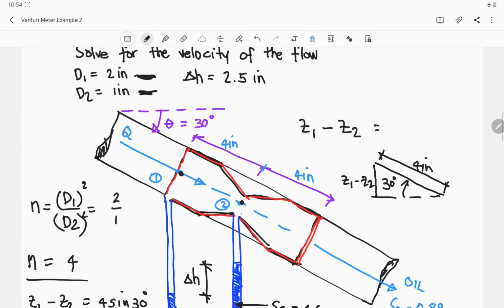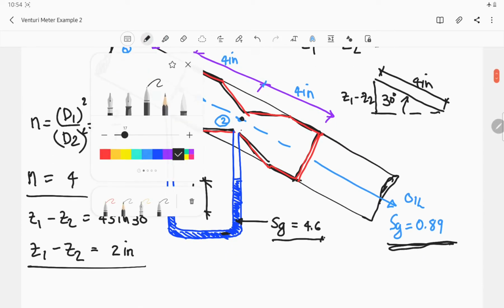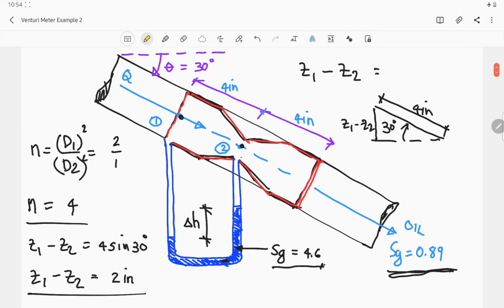First, we just need to establish this: the 2 inches we will consider as our unknown y. Actually, we don't care about it because the y will cancel.